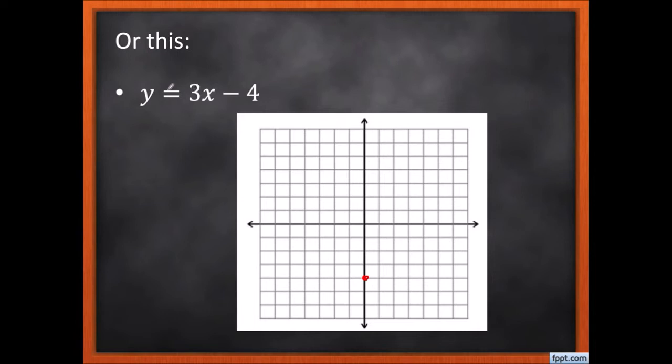Well, I put it as 3 over 1. That means I'm going to go up 3 to the right 1. Up 3 to the right 1. And then you would connect the dots.